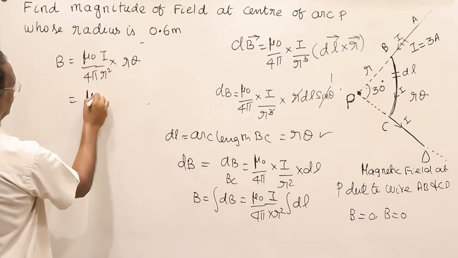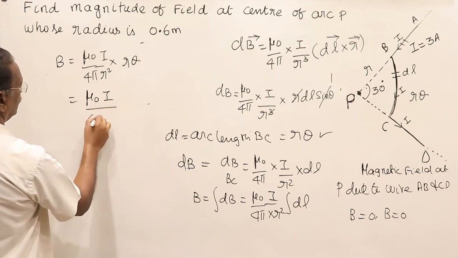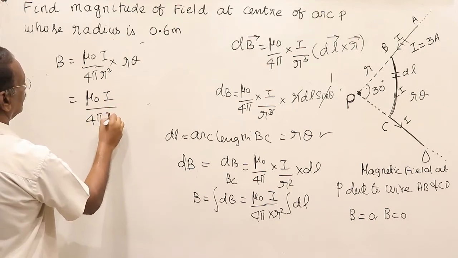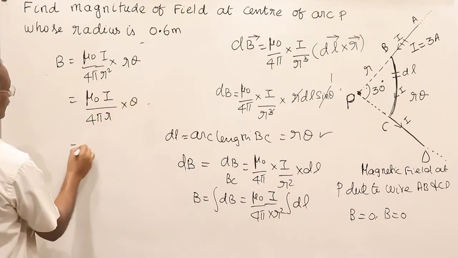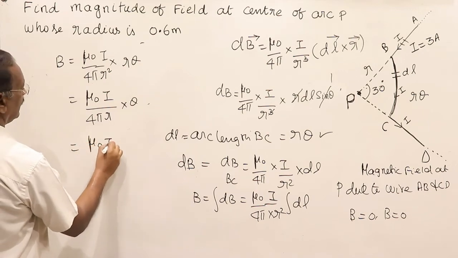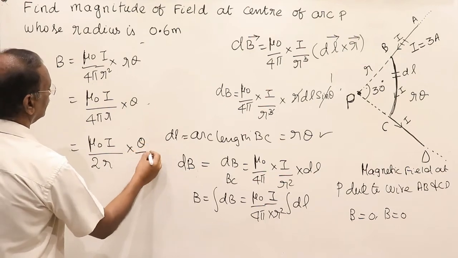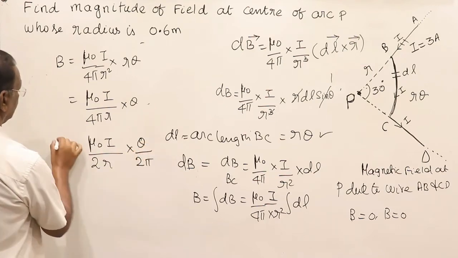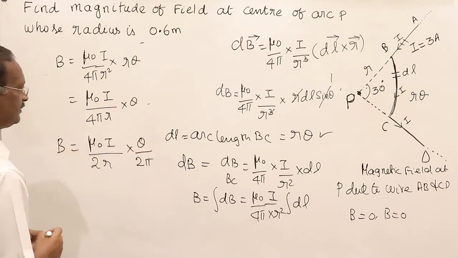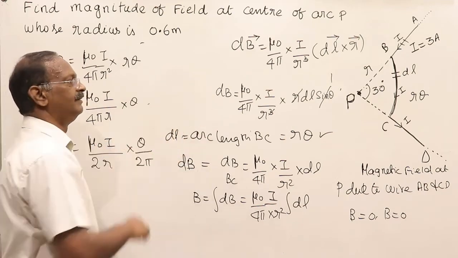Therefore mu naught I by 4 pi R into theta. In short form we can write mu naught I divided by 2R into theta divided by 2 pi. This is the magnetic field produced by a circular current element.